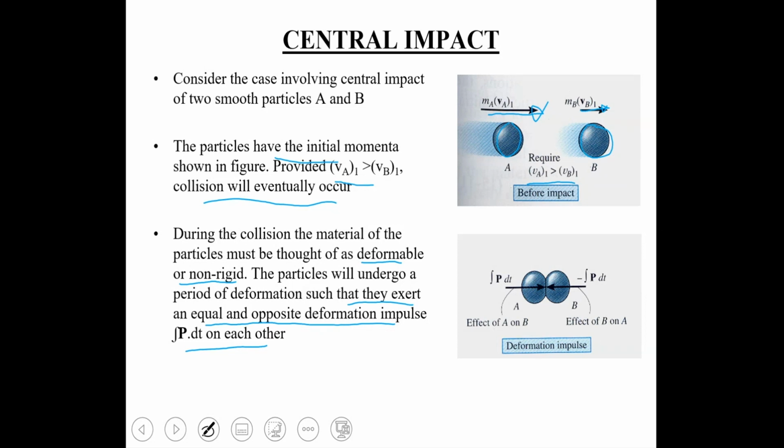But this deformation impulse is going to be internal to the system. कि अगर मैं इस पूरे system को consider करूं, तो then this deformation impulse is going to be internal to the system. However, अगर मैं किसी एक particle की free body diagram बनाऊं, तो फिर दूसरा particle इस पे जो impulse exert करेगा वो external to the particle हो जाएगी. So first of all, there is going to be a deformation phase in which both particles are going to exert an equal and opposite deformation impulse on each other along the line of impact.